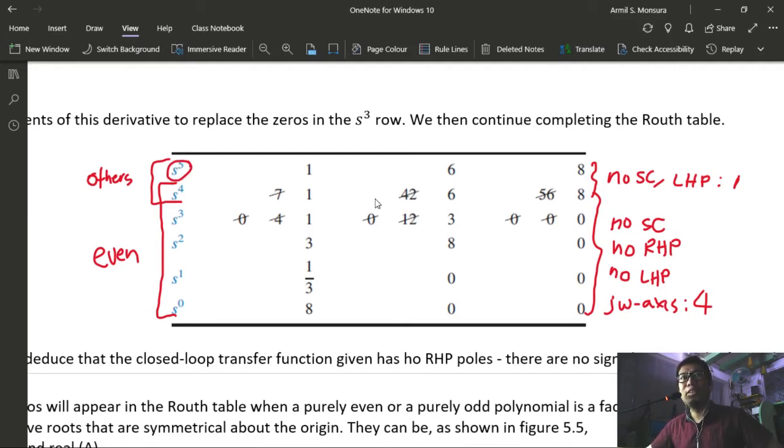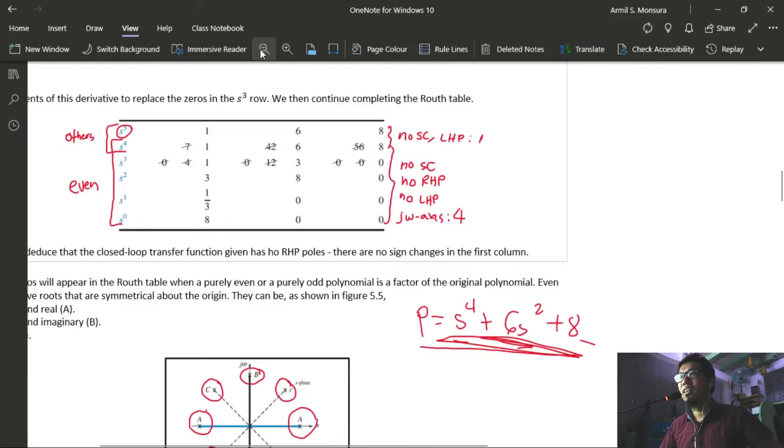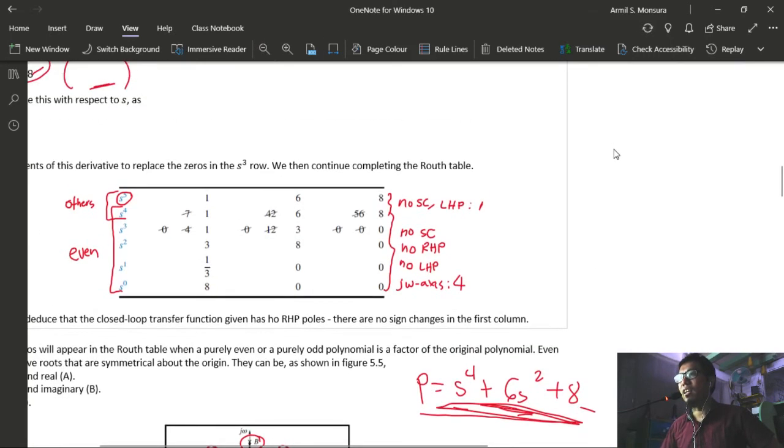So, lumalabas ngayon, kung s to the fifth yung ating degree, ganito yan. Hati siya sa dalawa, no? Even. Ito yung mga possible locations natin. Left half plane.